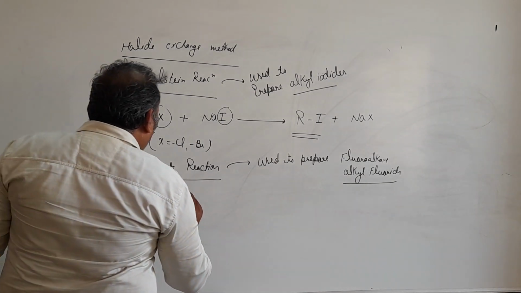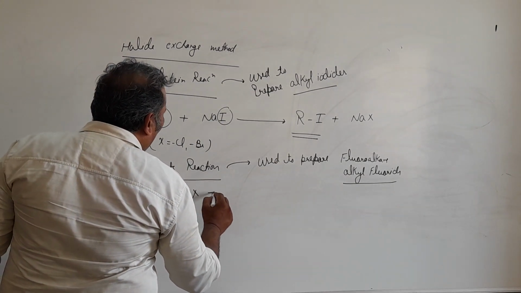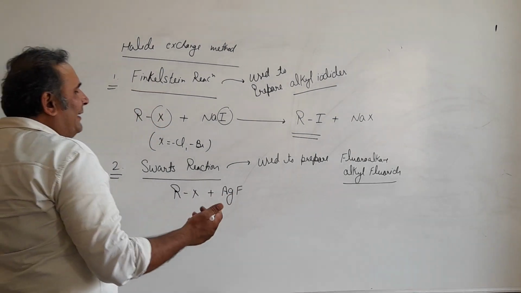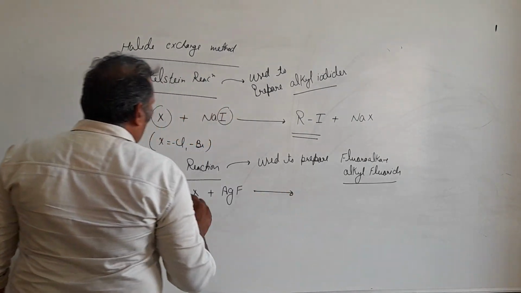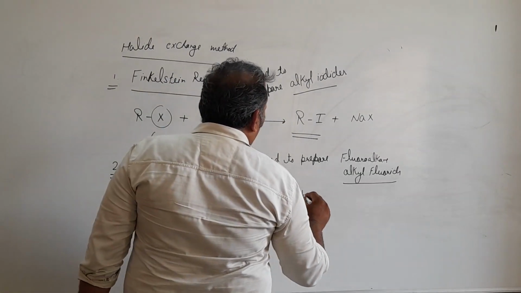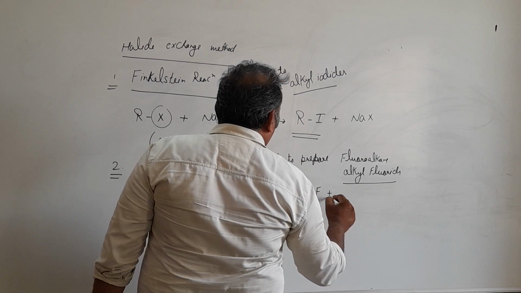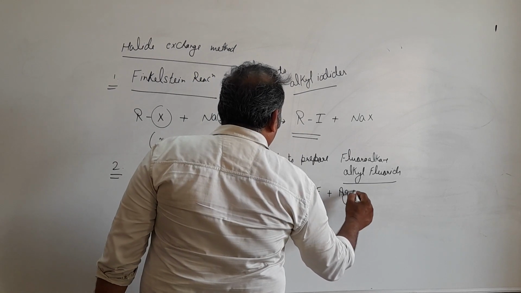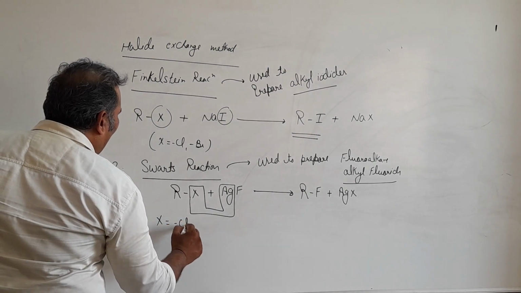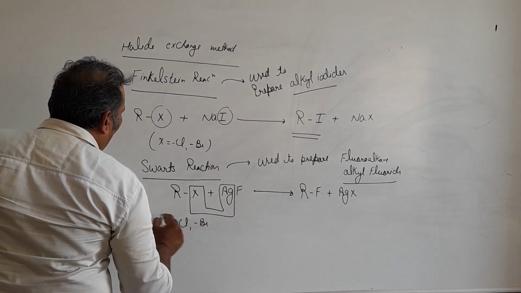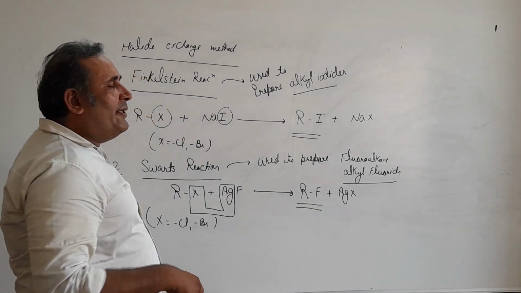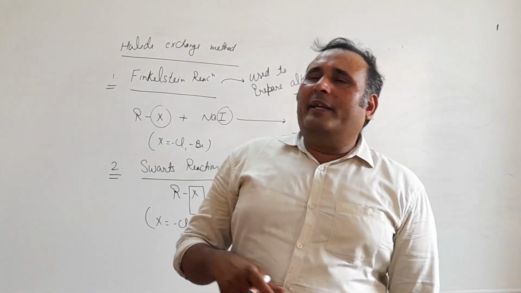For that we treat our alkyl halide with AgF, and we get RF plus AgX. Here again X can be Cl, Br, etc. So the Swarts reaction is also a very important reaction.